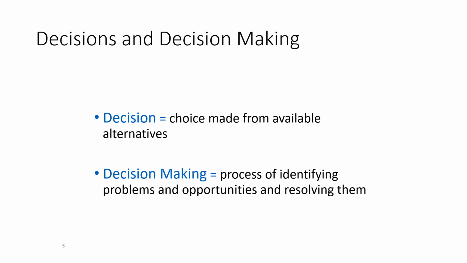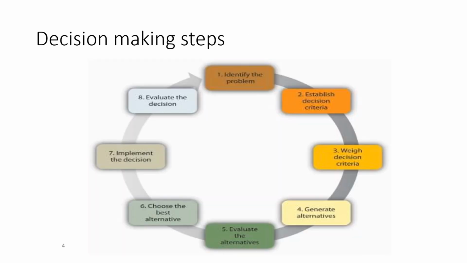Let's see the decision making process in the coming slide. There are 8 steps involved in decision making. First one, you have to identify the problem. In due course of action with regards to project or product development, there may be some lags, inherently or apparently, but no one will discuss.